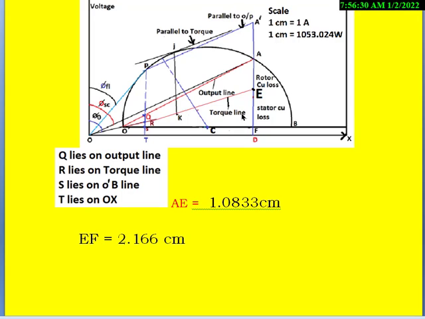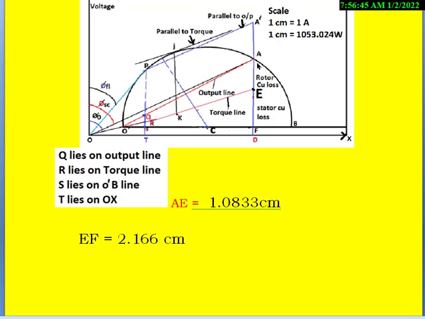And after this, draw a line A dash, which represents 125% of the full load output of the three-phase induction motor.